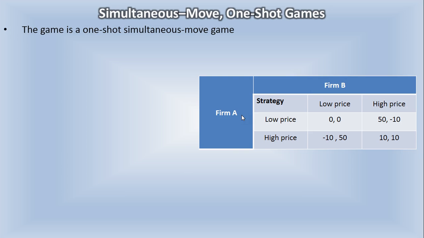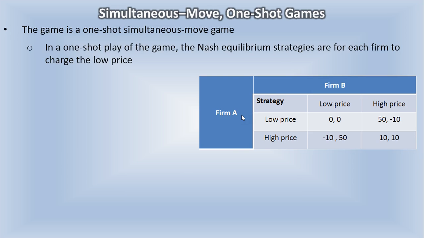The game is a one-shot simultaneous move game. In a one-shot play of the game, the Nash equilibrium strategies are for each firm to charge a low price. So let's identify that again by taking the perspective of each player and figuring out what they would do in response to their opponent's strategies. So firm A, in response to firm B charging a low price, what would they do? They would charge a low price, right?